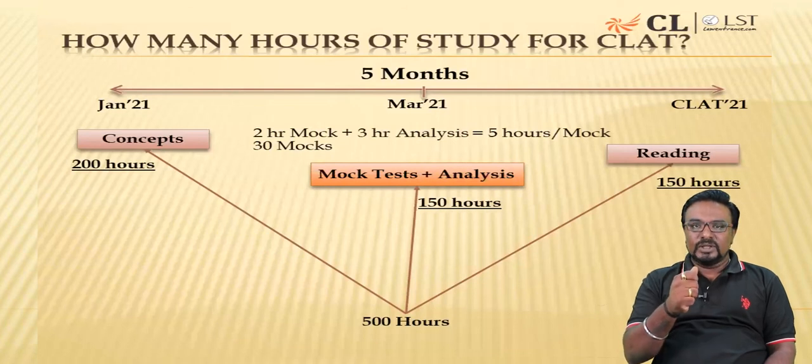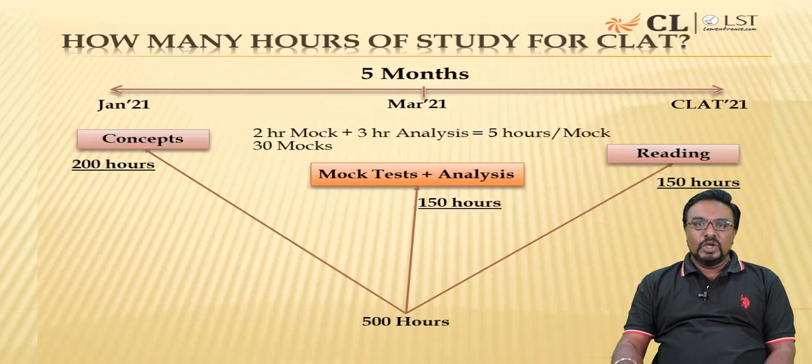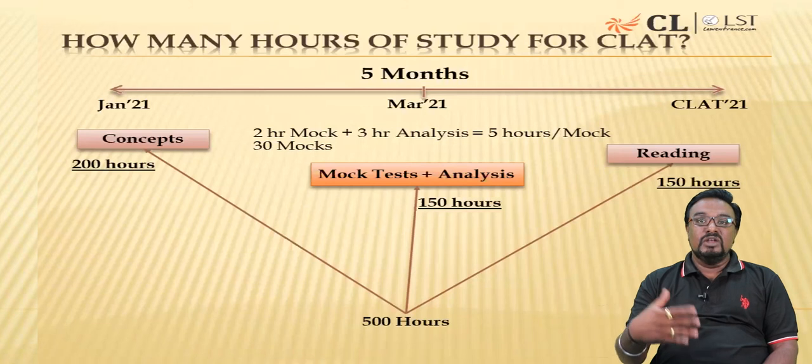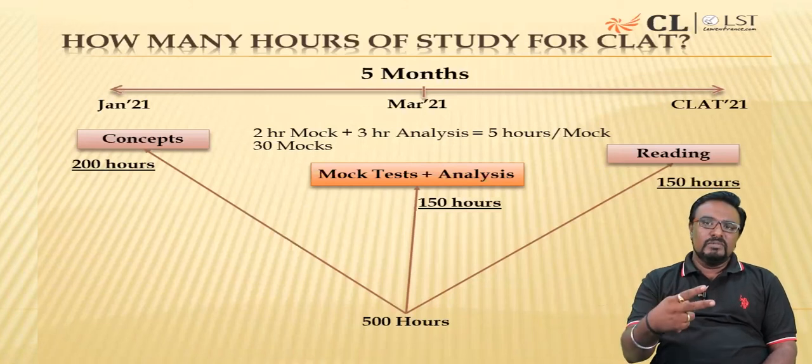Now each paper is of 2 hours, but just solving mocks will not help you. With the mocks, you would also need to do the analysis of that particular mock. Where did you go wrong? What actually was your strength? What made a section weaker, so that you can study it and improve it. So 2 hours of your mock and 3 hours of analysis of that mock.